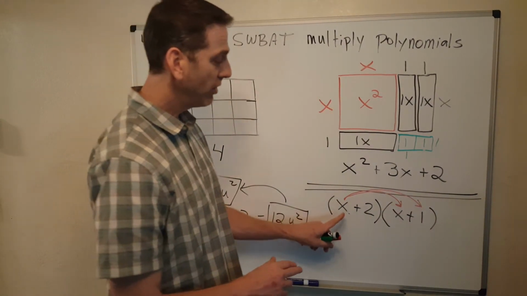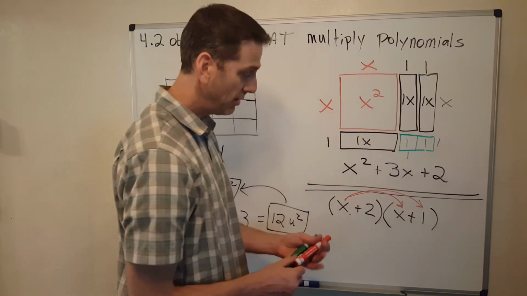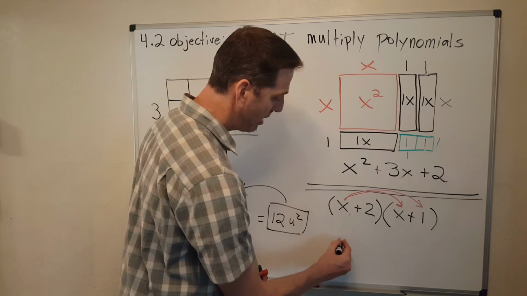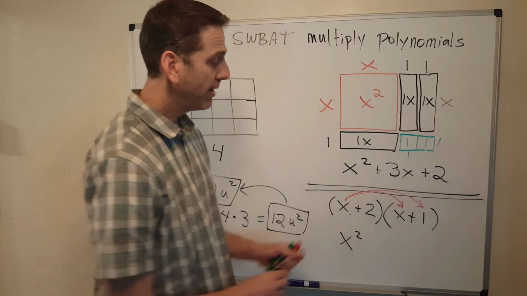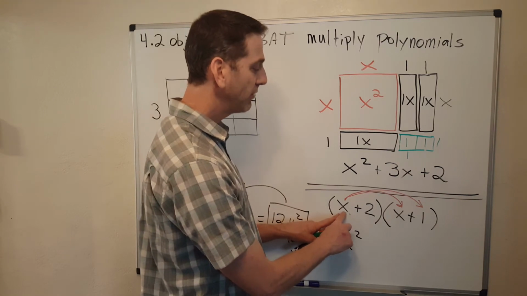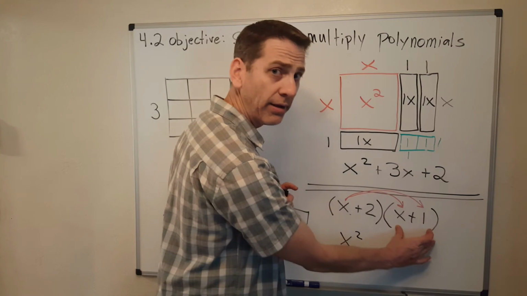All right? So now we got x times x is x squared. All right? Now we have to distribute this x to the 1, right? Because all of this is being multiplied by all of that.